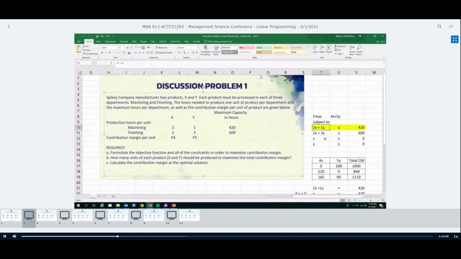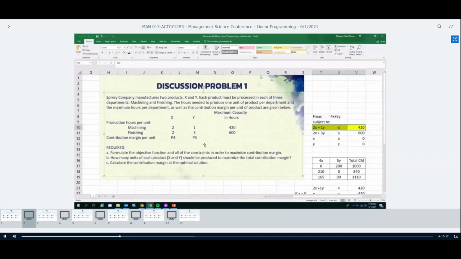So, like I said, for the sake of our discussion, let me put 1y. No? So, but that signifies 1 hour per unit of y is less than or equal to 420. Okay? Sige, so dapat sana nakakasunod pa ha?